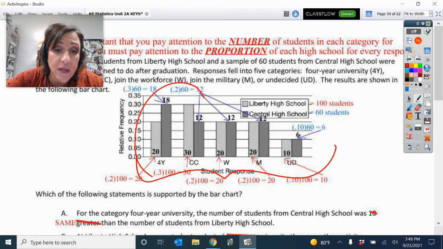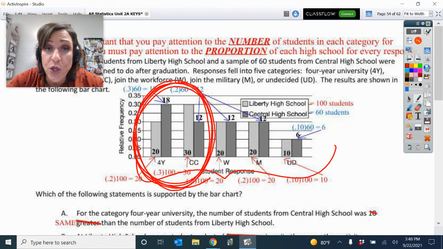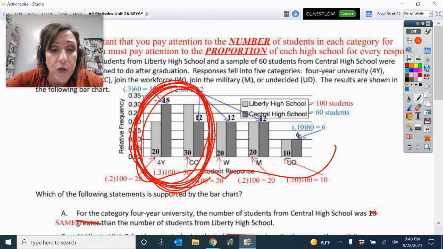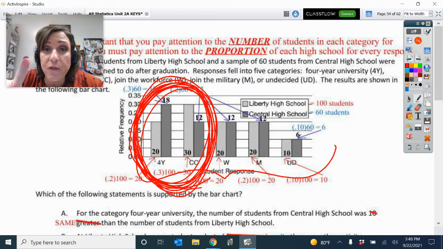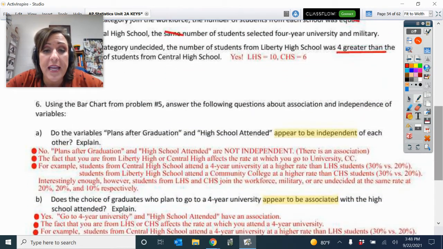Well, what's happening with 4-year college and community college? The fact that you go to Liberty High School or Central High School affects the rate at which you go to a 4-year university or community college. Therefore, your plans after high school and high school attended are not independent.